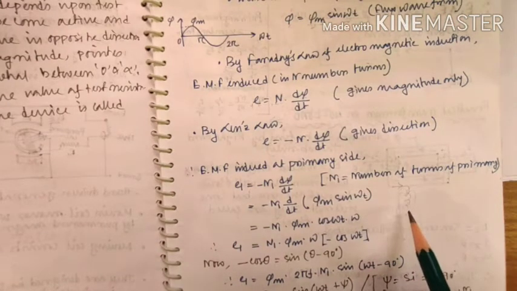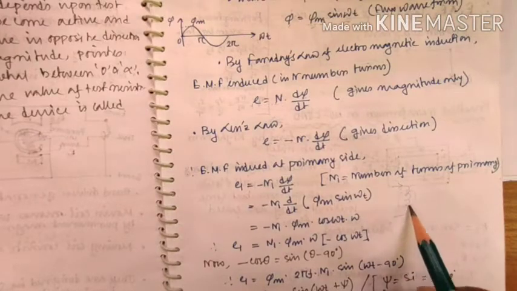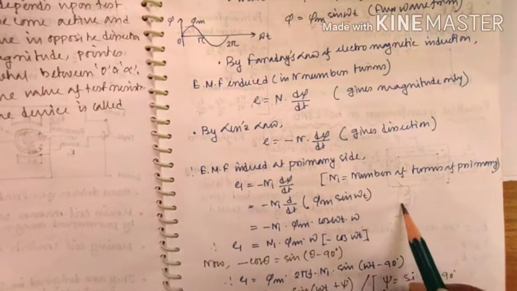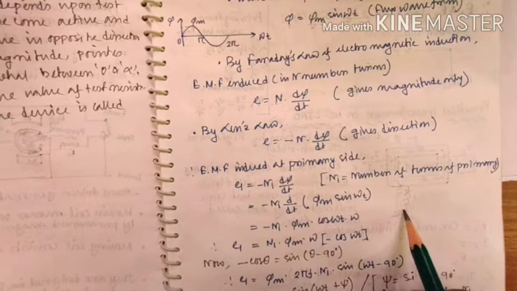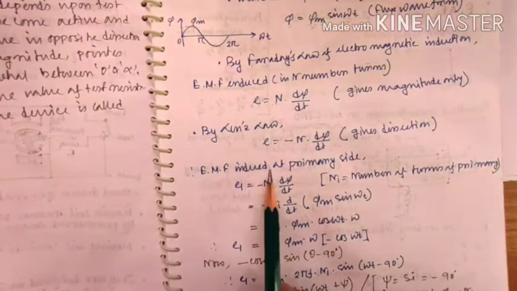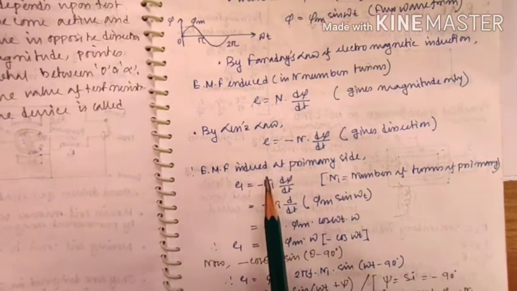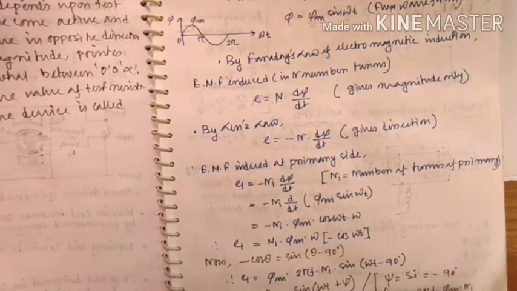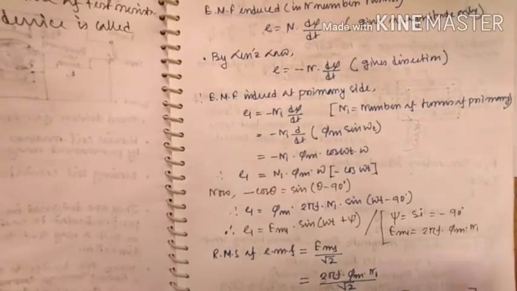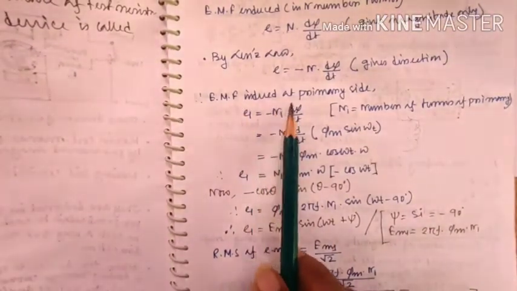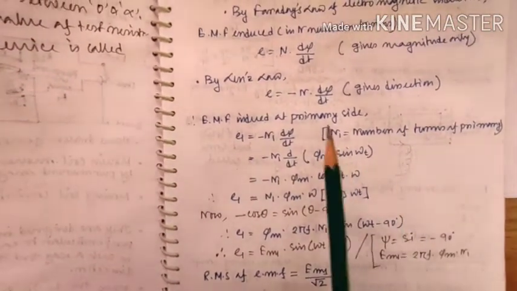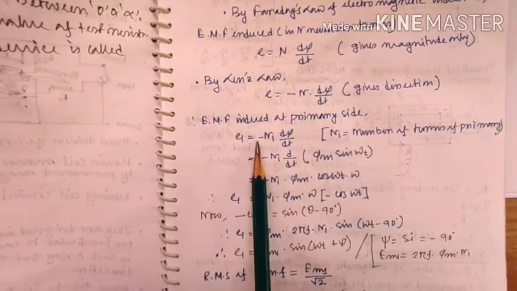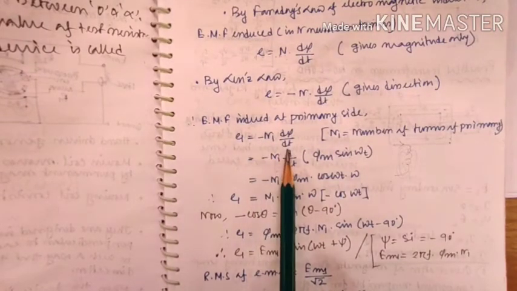And Lenz's law says the direction of this induced EMF is opposite to the potential due to which it has been generated. That is why these two equations give us the total information about electromagnetic induction. So now, the EMF induced at the primary side, E1, is equal to minus N1 d phi by dt.